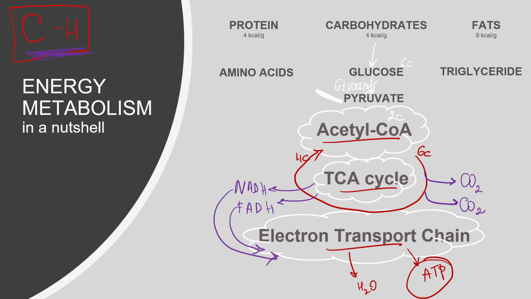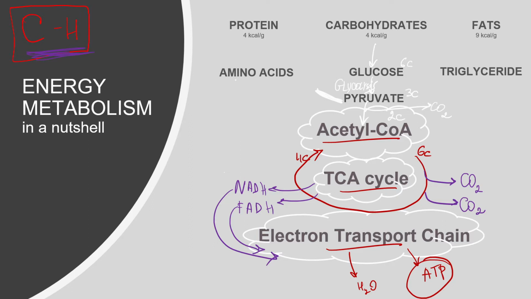But afterwards, we need oxygen to convert our pyruvate, which is a 3 carbon molecule, to acetyl-CoA. Acetyl-CoA is a 2 carbon molecule. It means that we take 1 carbon, add oxygen to it, get CO2, and we're left with acetyl-CoA, which is the first basic process that we need to come to.